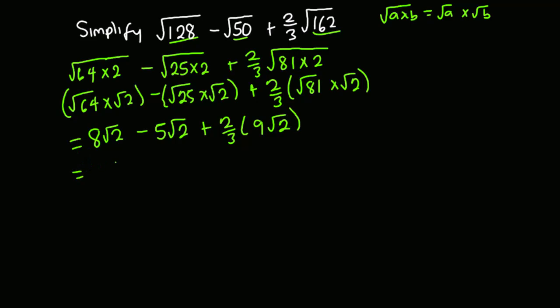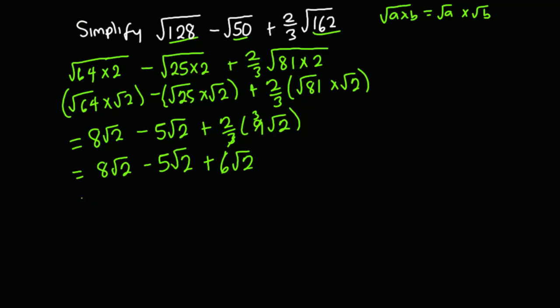So this yields 8 root 2 minus 5 root 2 plus 2 on 3. 2 on 3 will multiply the 9, so 3 goes into 9, 3 times, so we'll be left with 6 root 2.